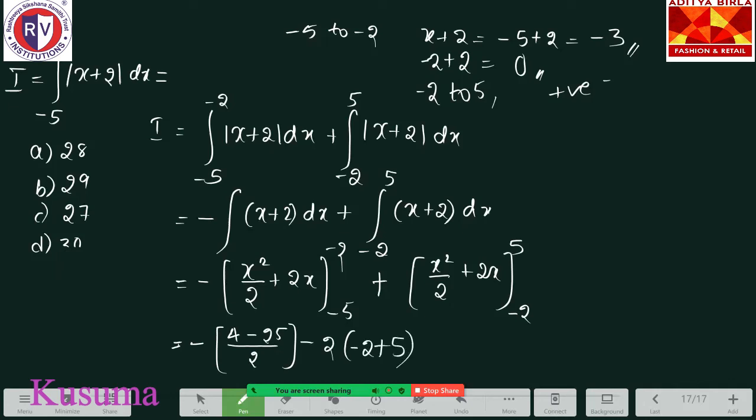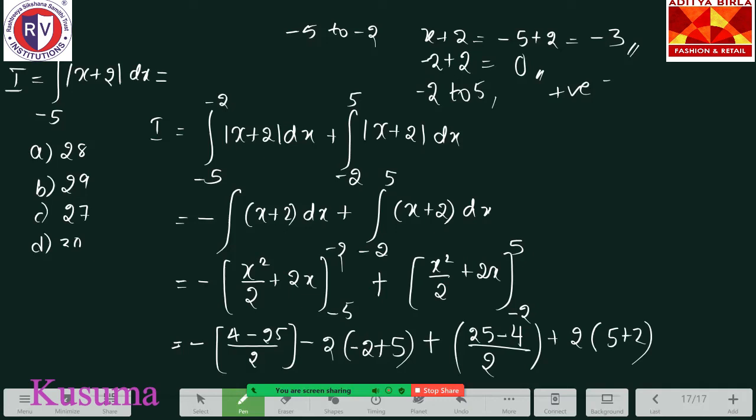So we applied limits to the first term, and then to the second term. So here it will be 25 minus 4 divided by 2 plus 2 into 5 plus 2.